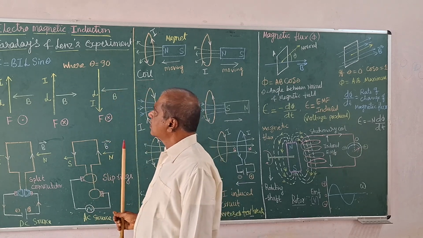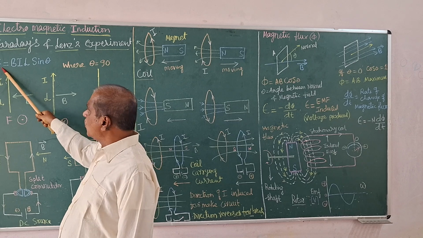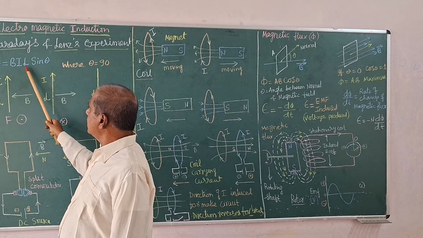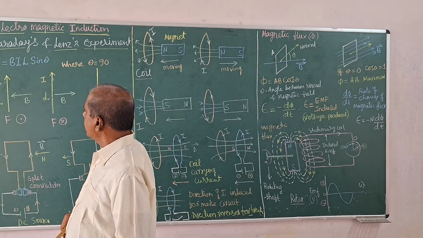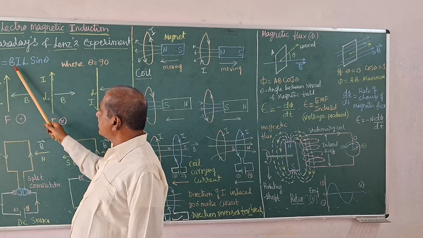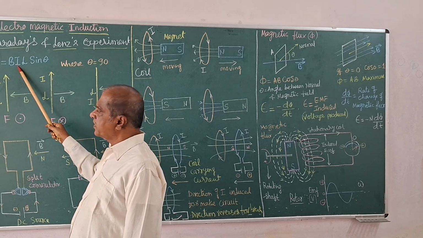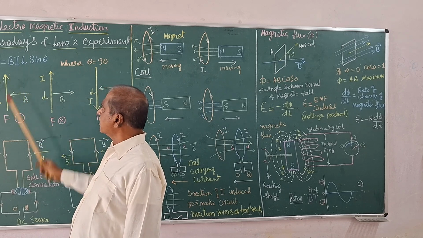The magnitude of the force is given by this equation: F = BIL sin theta. B stands for the intensity of the magnetic field, I for the intensity of the electric current in the conductor, and L for the length of the conductor.